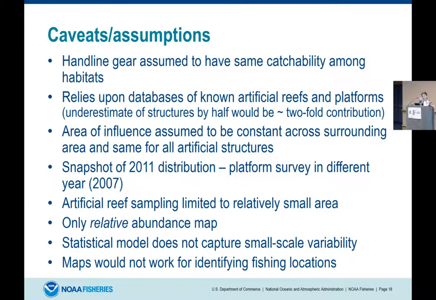Also, the statistical model doesn't capture the small scale variability. In any given grid cell, depending on if you're on an artificial reef or a bit of structure or just sand, you'd get really different catch rates, obviously. So this map doesn't work for identifying fishing locations. It just gives you the broad scale of distributions of red snapper.